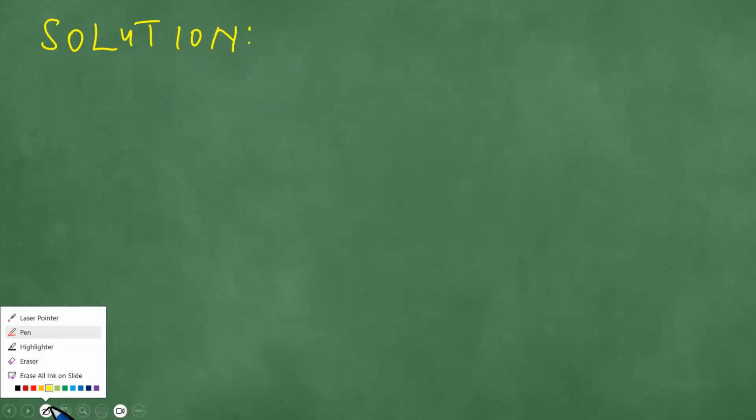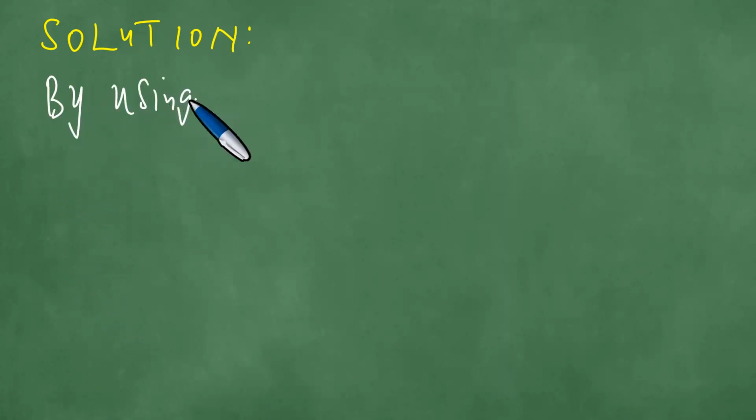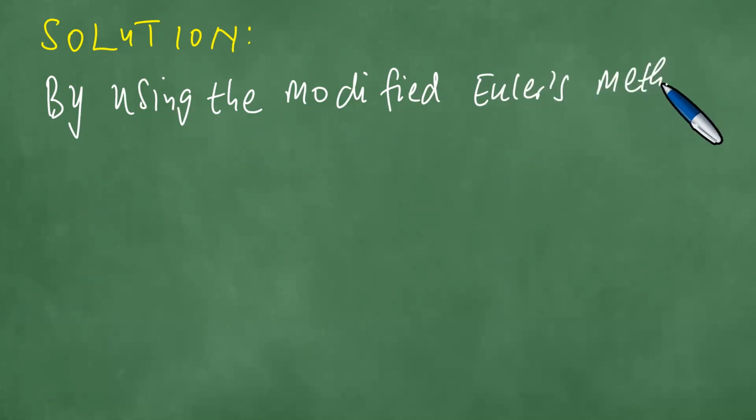Right, the solution is as follows. I was beginning the solution yesterday, and we are beginning it right now. We start by saying the solution as follows, by using the modified Euler's method.